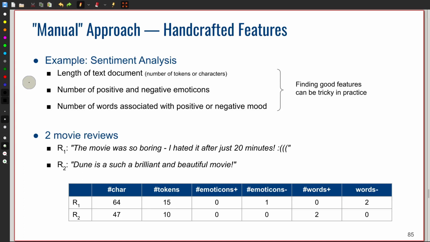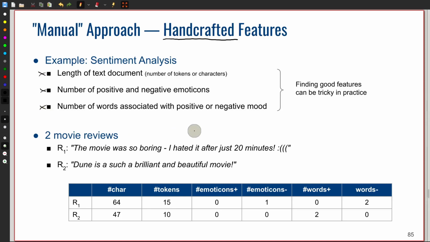A manual approach for feature extraction is the design of handcrafted features, where we as NLP practitioners decide which kind of numerical features we want to extract from our text documents. So here in this example, we assume we want to build a sentiment analysis system, and we could consider features like the length of the text, the number of positive and negative emoticons, or the number of words associated with a positive and negative mood.